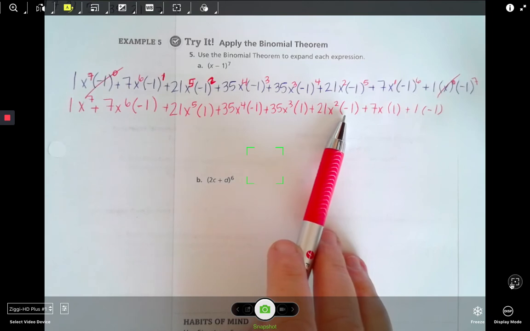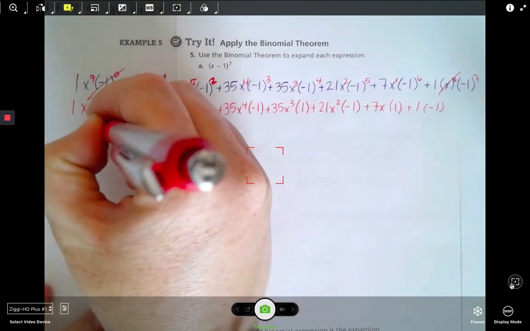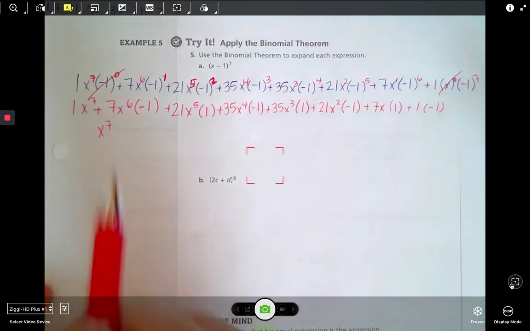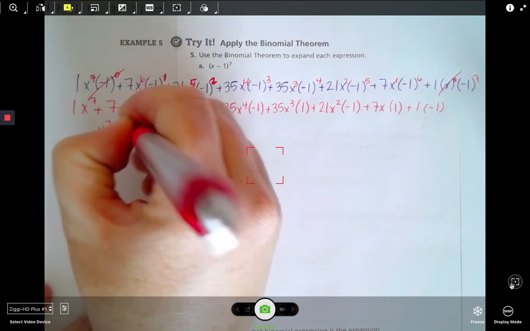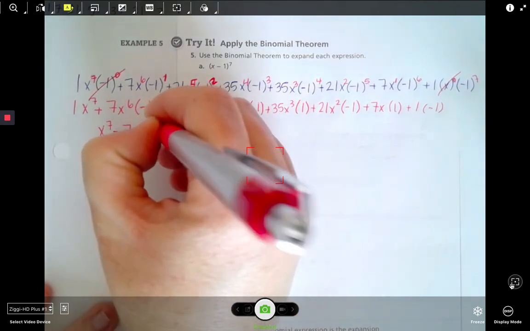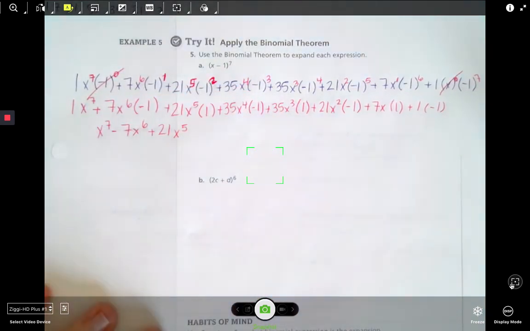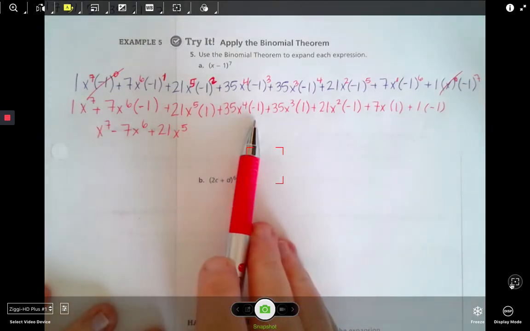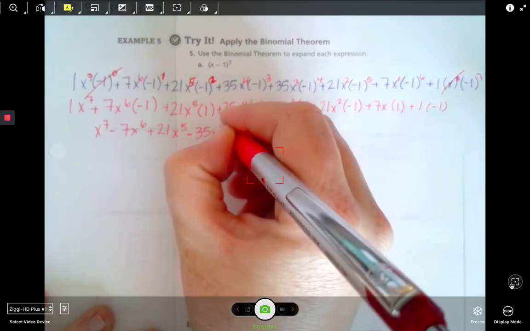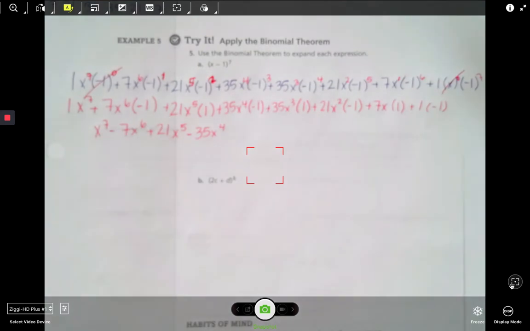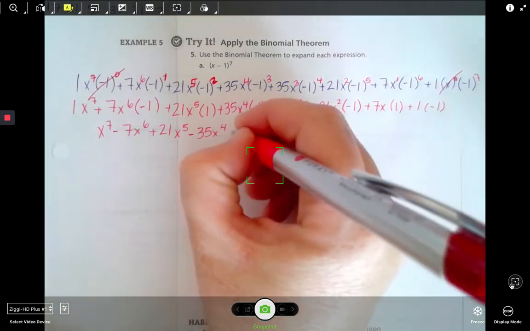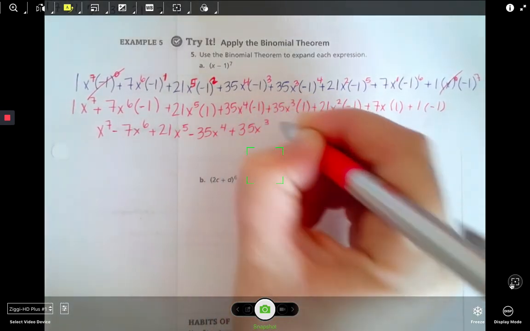So now we go through and simplify. 1 times x to the 7th is just x to the 7th. 7 times negative 1 is negative 7, x to the 6th. 21 times positive 1 is a positive 21, x to the 5th. 35 times negative 1 is a negative 35, x to the 4th. 35 times 1 is a positive 35, x to the 3rd.